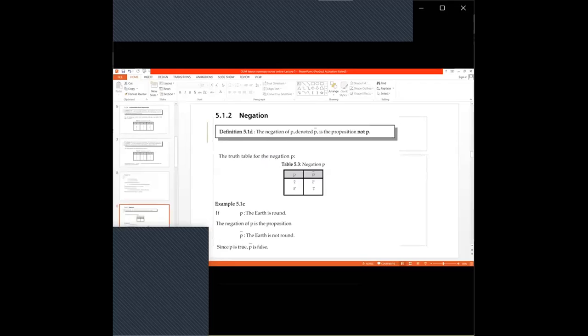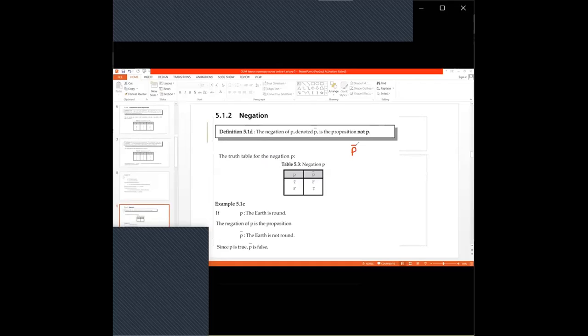Good. Now, another statement we need to take note of is the negation of a statement. Negation is usually written as P bar like this. There are actually three ways of representing it. We have P bar, which we usually refer to as complement.